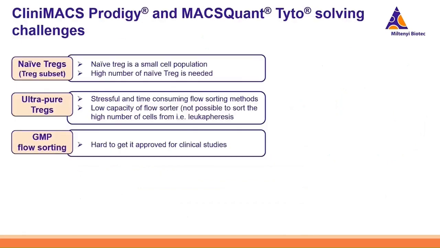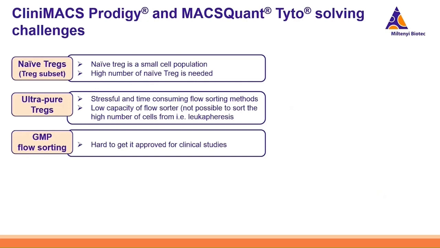However, in the recent years, there were some pain points that were popping up, and more requirements to Treg manufacturing came also up. So researchers are more looking into Treg subsets, such as naive Tregs, and this is a really small cell population, but on the other hand, one needs high numbers for an effective treatment.